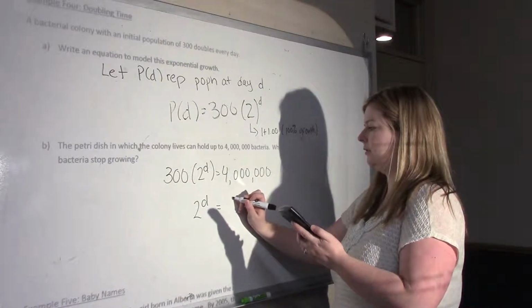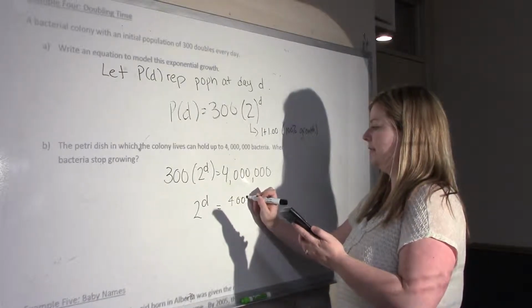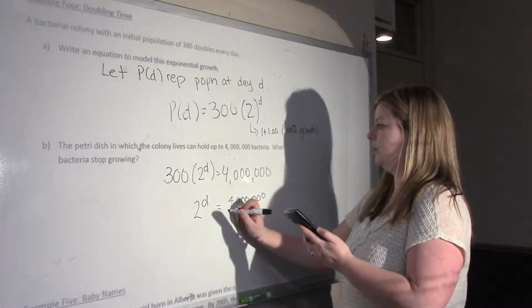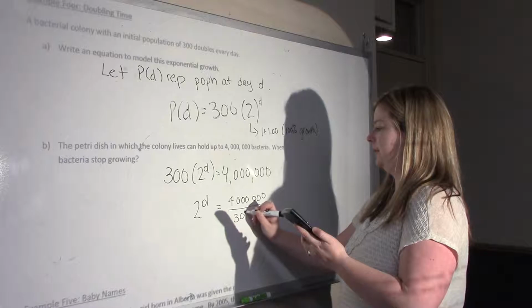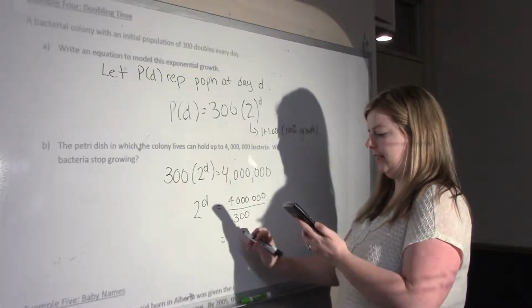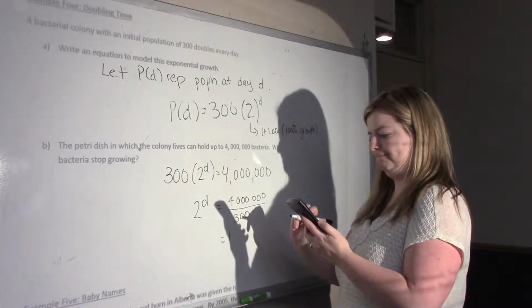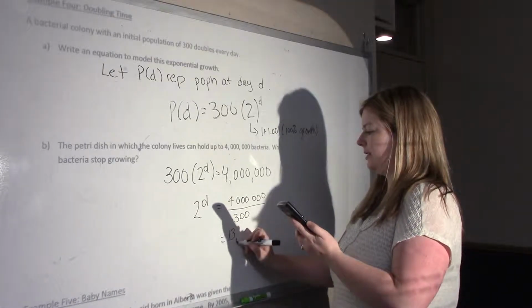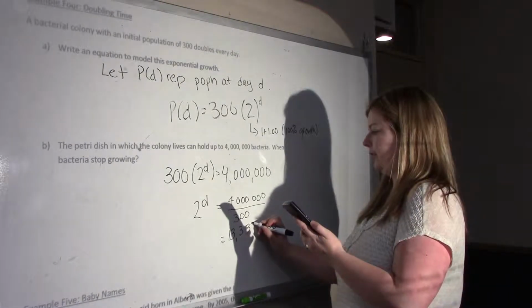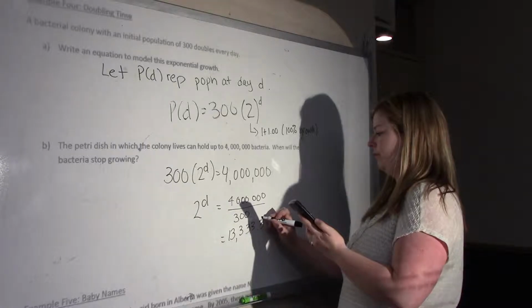4 million over 300, so it's 13,333.3 repeating.